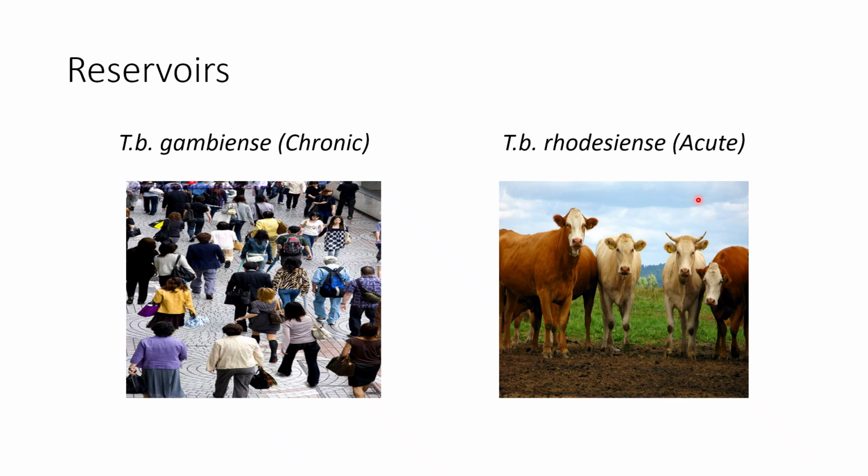The main reservoir is usually cattle. However, other domestic animals can also carry these parasites, such as dogs, pigs, and sheep, and many game animals harbor this form as well. It can be transmitted to humans and cause acute infections.